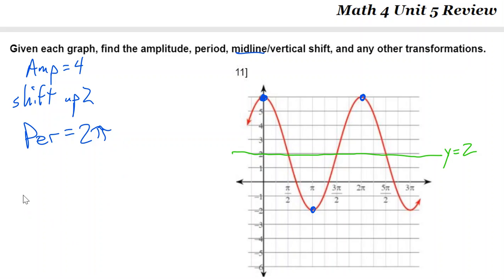Now, just to get you in the habit, this is going to look like 4 cosine x plus 2. I've got the amplitude of 4. My period of 2 pi means that I'm going to have basically 1x in front of the x after cosine. And then the shift up of 2 is going to be the plus 2 on the end.